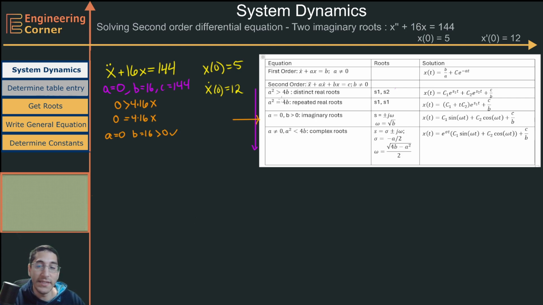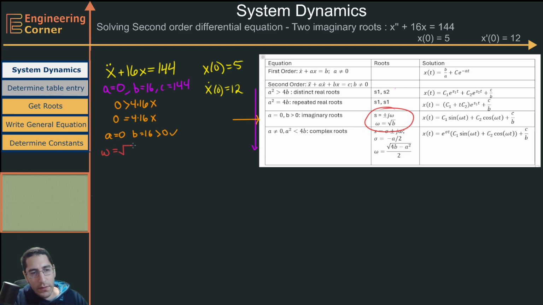Now, this table makes finding the roots very simple. So with imaginary roots, we just need to use this entry right here. Our roots are equal to plus or minus omega times j, which is the imaginary number. And omega is equal to the square root of b. So let's do that.